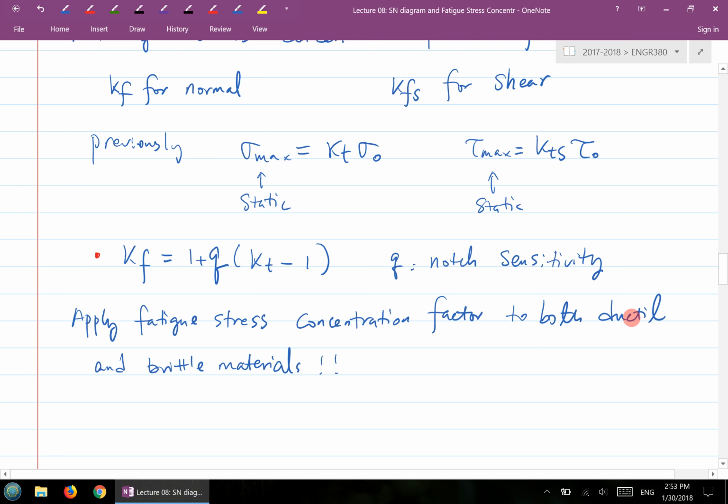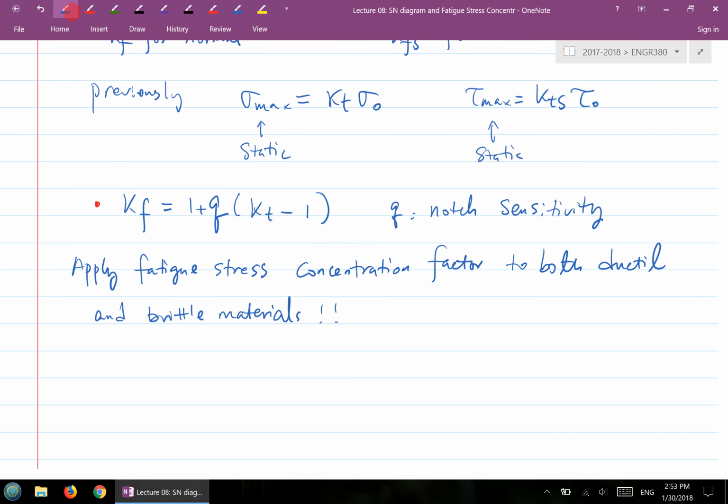So if it's not a normal stress but shear stress, then the formula is the same format, just the symbols are different. Let's call this Q shear. So Q shear times KTS minus 1 right here.